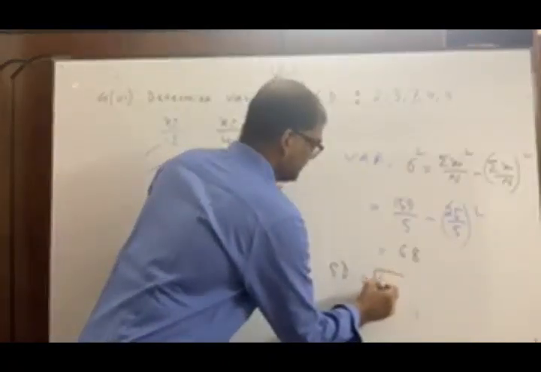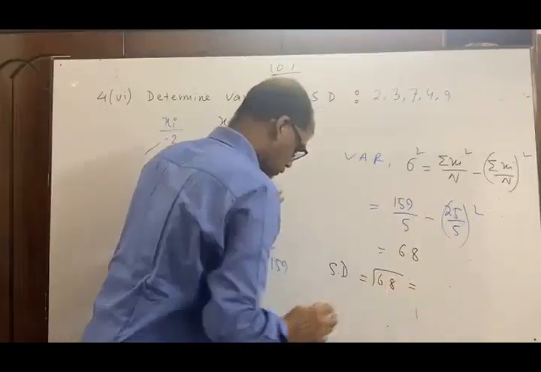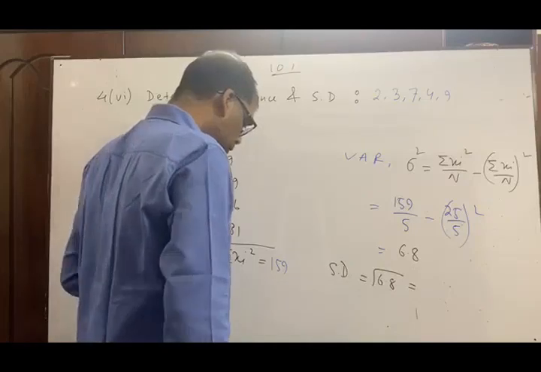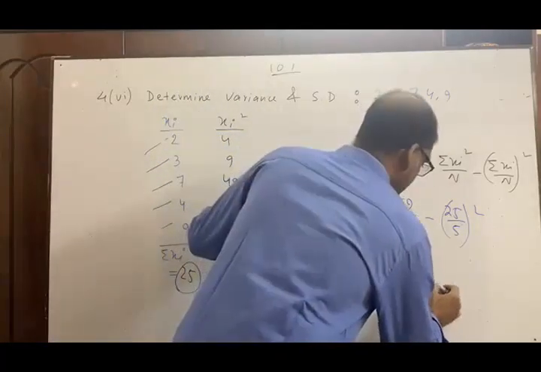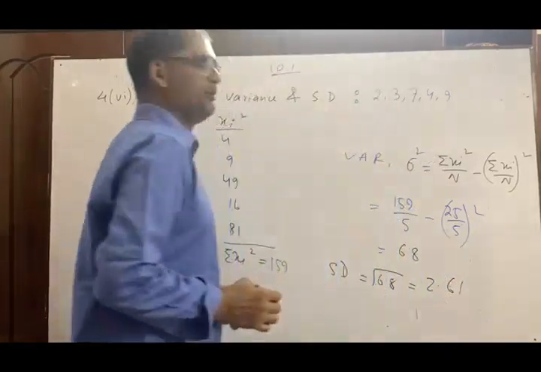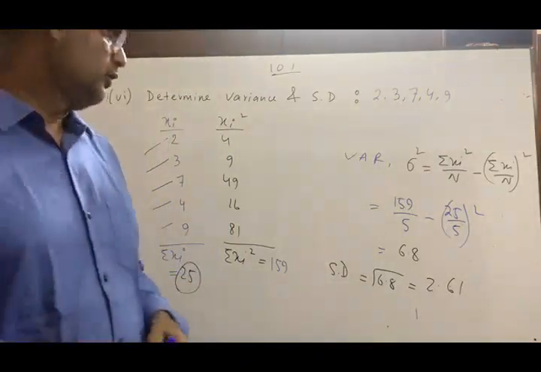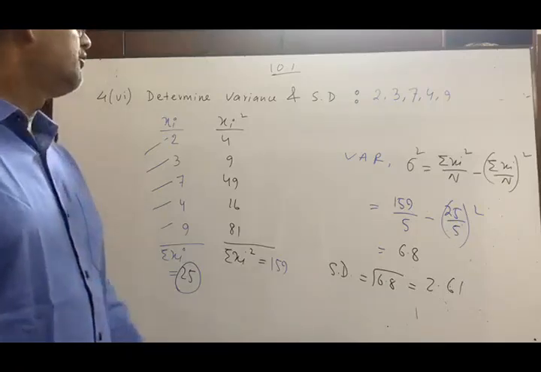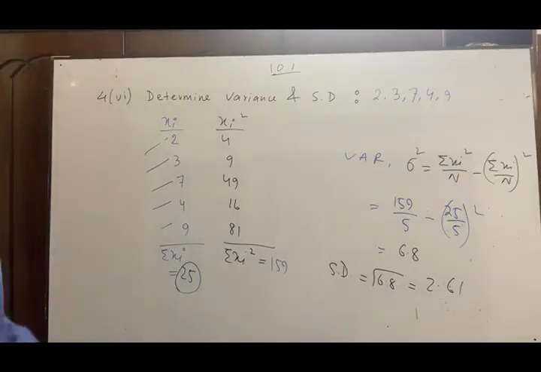Root over 6.8 equals approximately 2.61. So this is the way how you can determine variance and standard deviation by the alternative method.